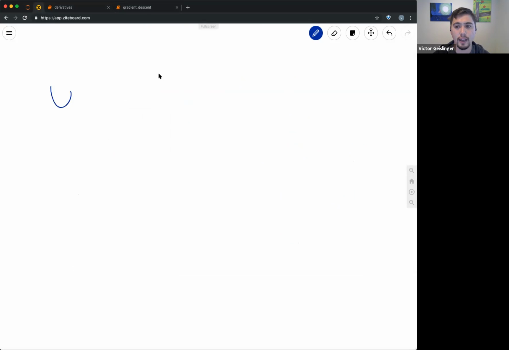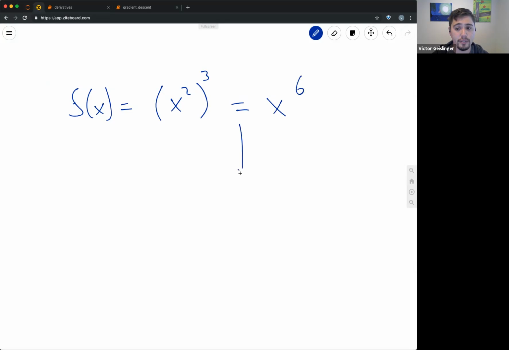Let f of x equal x to the power of 2, and then take this whole thing to the power of 3. If you know the mathematics, this simplifies to x to the power of 6, so the derivative should be 6x to the power of 5. So we know that's what the answer should be.